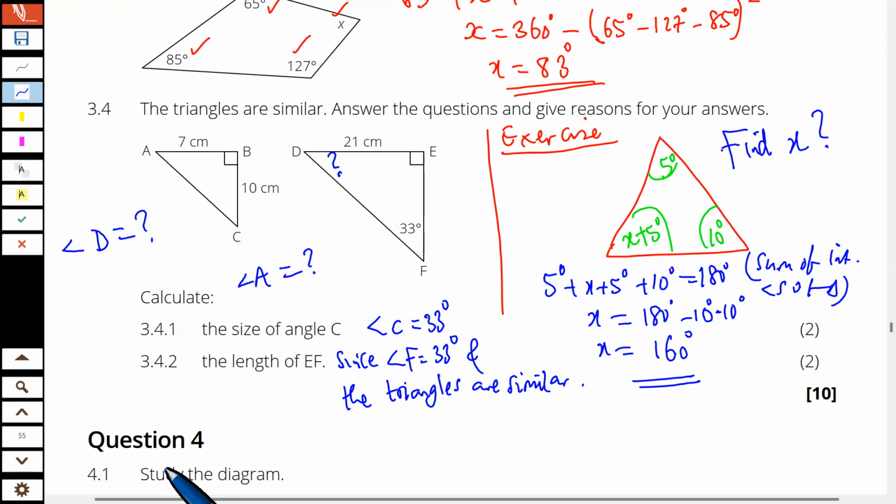Right, first find angle D. Tell me what you think angle D is in the shape. Let me know when you're done.